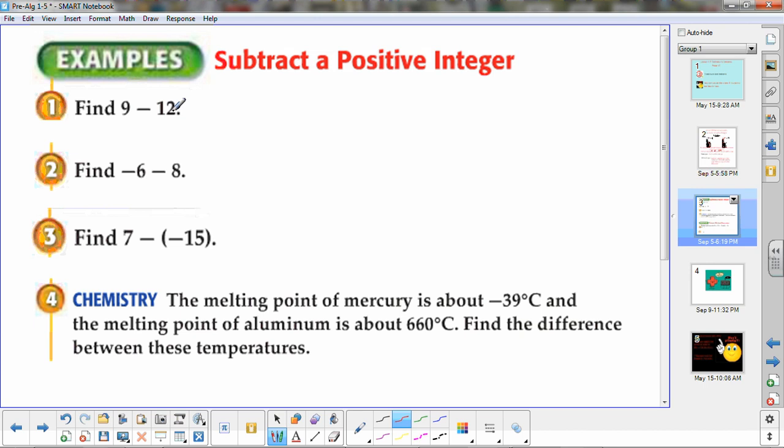9 minus 12 is going to be changed to 9 plus a negative 12, or chop minus. 9 plus a negative 12, they're different signs, so you're going to find the difference. 12 minus 9 is 3, and then the sign of the number with the largest absolute value.